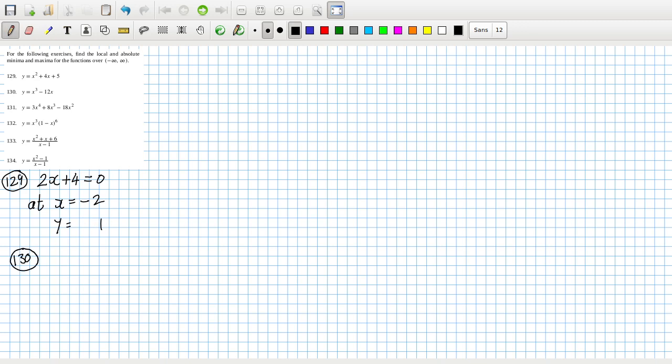130. Oh, interesting. 3x squared minus 12 equals 0. So x squared equals 4. So x equals plus or minus 2. So that's going to be 2 and minus 2.